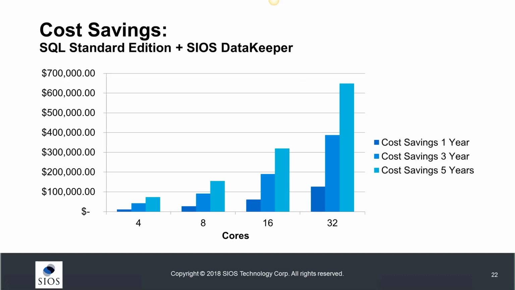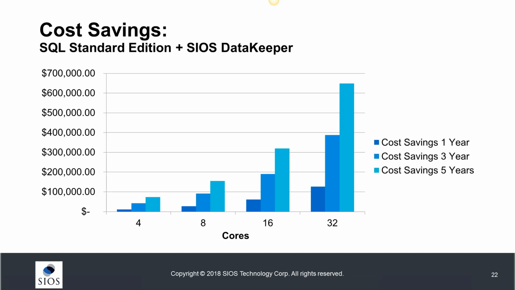If we decide to go with a failover cluster instance, leveraging the SIOS DataKeeper software, let's just take any of these, we look at a 16-core solution over the time period of 3 years, it's roughly almost $200,000 in cost savings. And in 5 years, that same solution would save you over $300,000.